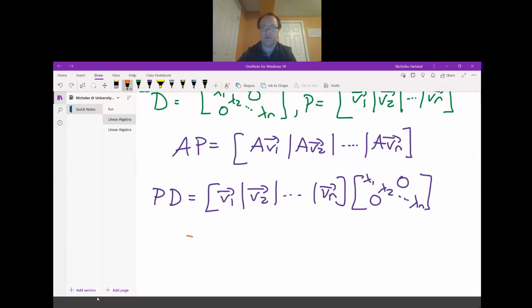And so on and so forth. In other words, the first column of P times D would be lambda 1 times V1. And we could make the same argument if you wanted to take the first row of P times the second column of D. Then the only thing non-zero would be the first component of V2 multiplied by lambda 2. And so on and so forth.